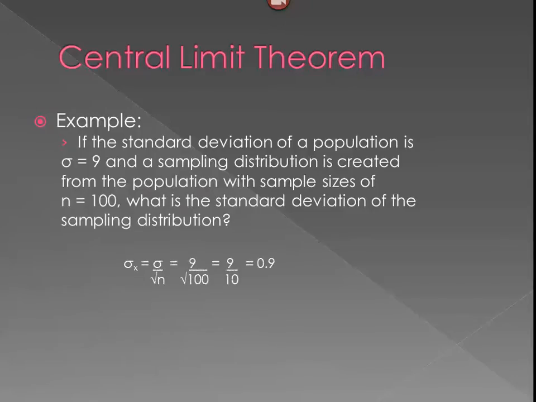We can easily calculate that: sigma sub x bar is my original sigma, 9, divided by the square root of 100, which is 10. So the table of values would only differ from the mean on average by 0.9 units as opposed to 9 units, which was how far they deviated from the middle in my original population distribution.